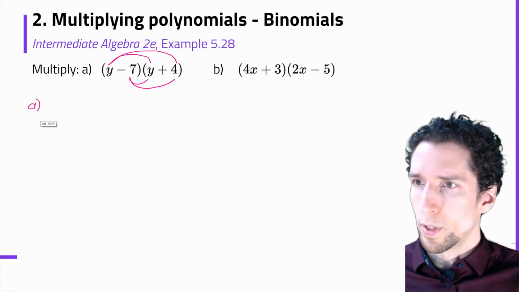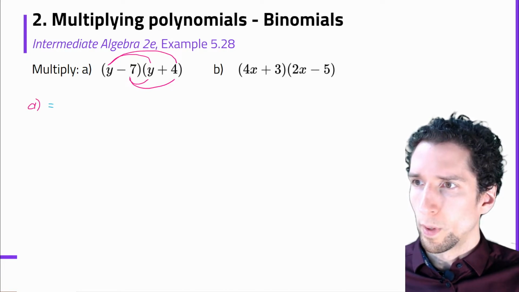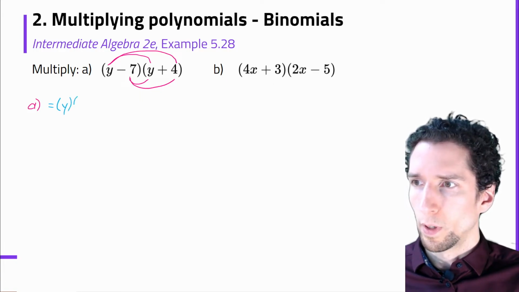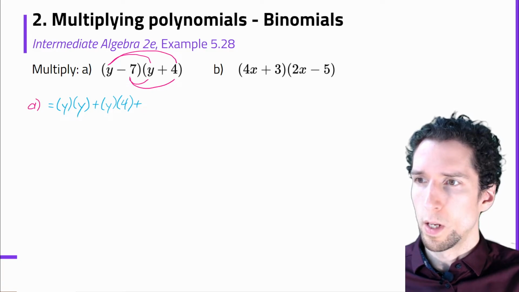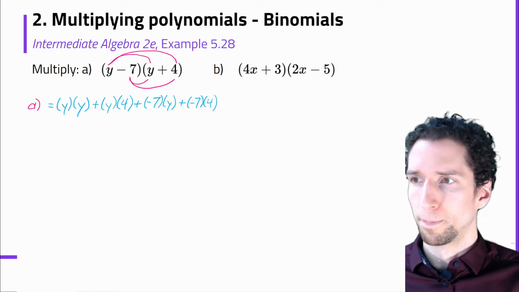So question A here, we will expand this and we will have, let's just write out all the detail here for clarity for this first one. So y times y, and for the next one, plus y times 4, and the next one is -7 times positive y, and the last one is -7 times 4.